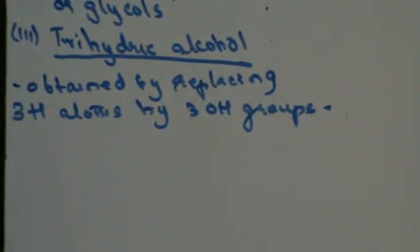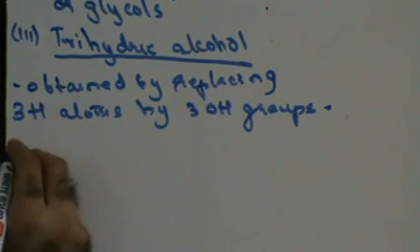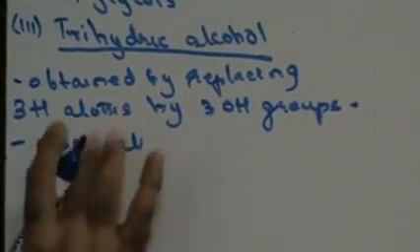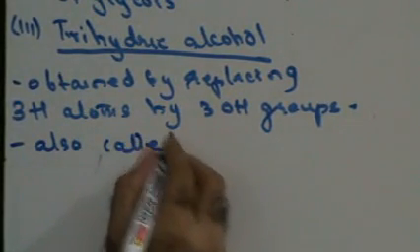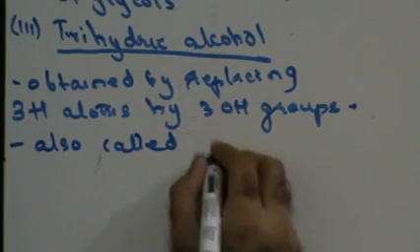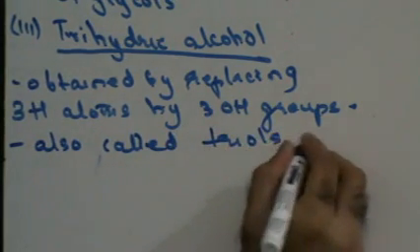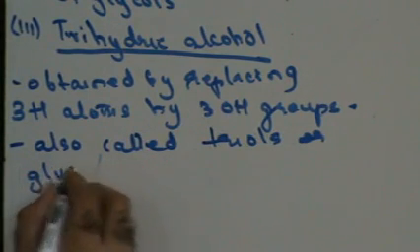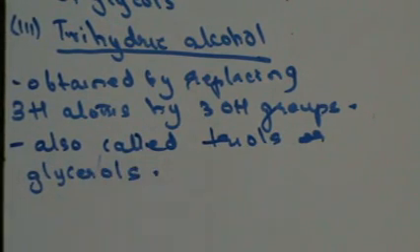And they are also called triols or glycerols. So they are obtained by replacing 3 hydrogen atoms by 3 hydroxyl groups. They are called triols, or they are also called glycerols.